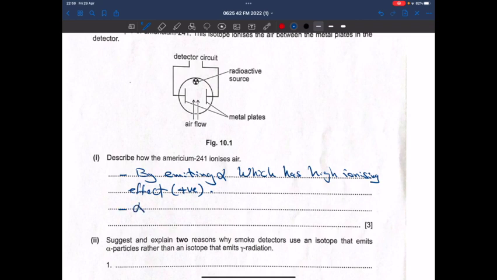Alpha, which is positive, takes the electrons out of air molecules, so the air gets ionized. This is more than enough: by emitting alpha, and alpha has a high ionizing effect and it's positively charged, so alpha takes the electrons out of air molecules, so the air molecules get ionized.